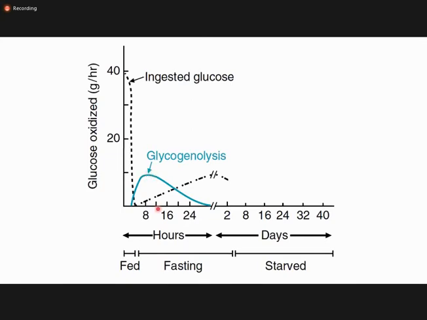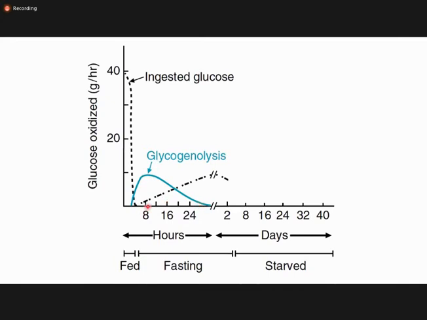So approximately at this time, glycogenolysis is the major contribution for glucose oxidation, providing the energy to the body. Now, as the starvation stage starts, in 2 days, 8 days, 16 days, glycogenolysis cannot help in providing the glucose. So what will happen?